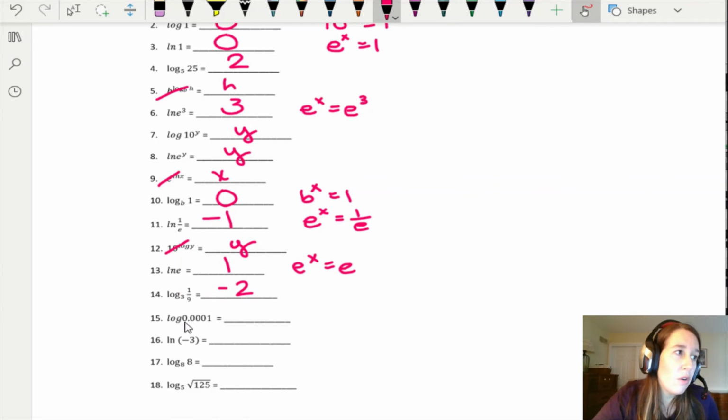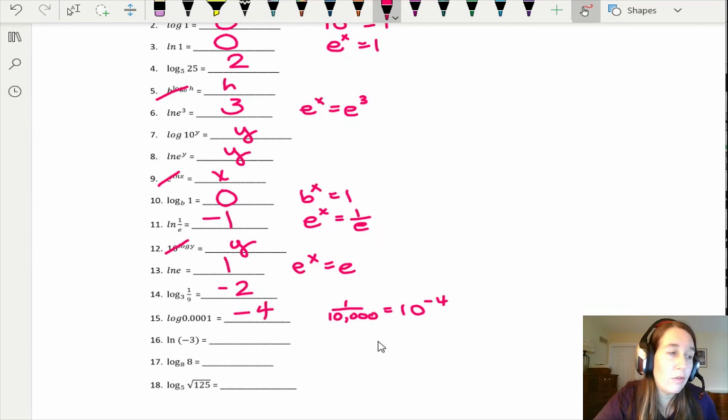So first of all, you kind of have to think about what number this is. This is the 10th, then the second zero is the 100th, then the thousandth, then the 10,000th. So that number is equal to 1 over 10,000, and that is the same as 10 to the negative fourth power, because there are 4 zeros there. So this would be negative 4.